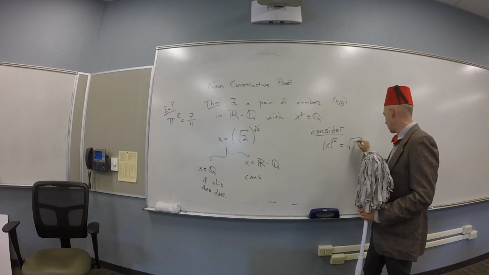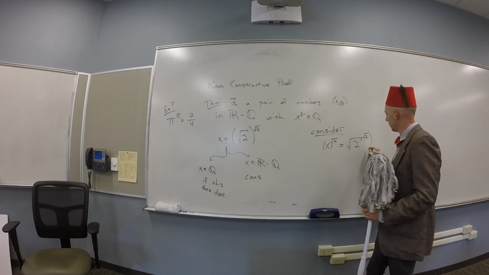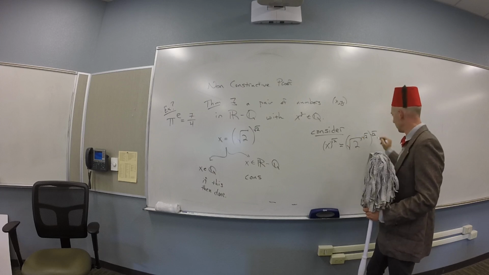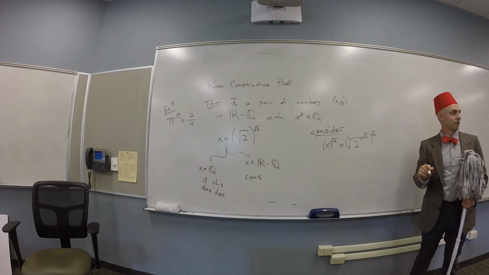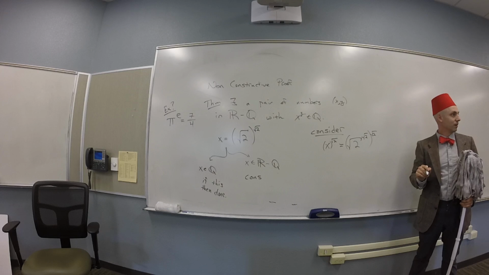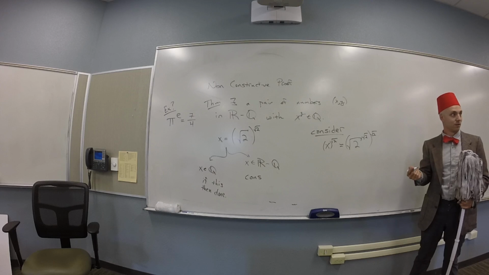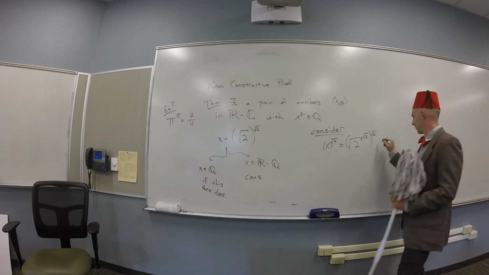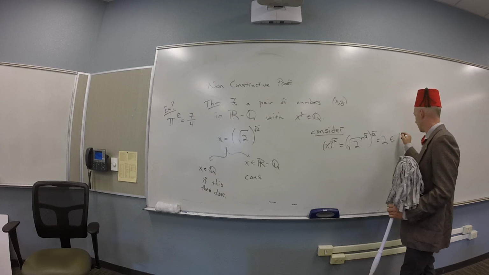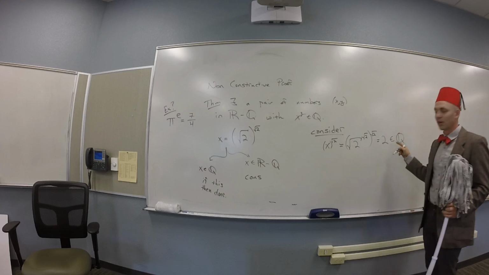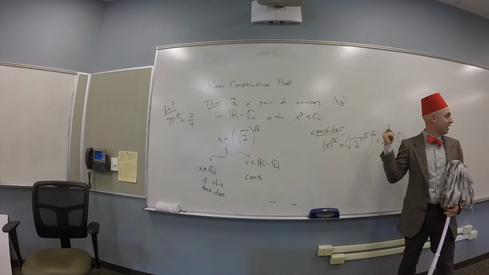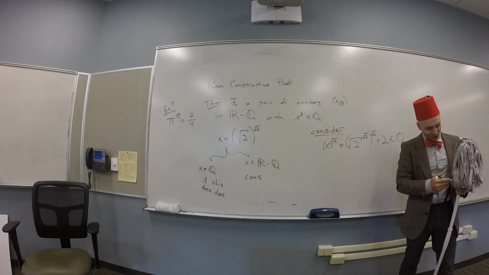That's the square root of 2 to the square root of 2, raised to the square root of 2, which gives me 2, which is a rational number. So there are no two options on that one. That one's in Q. But what's the weird thing here?